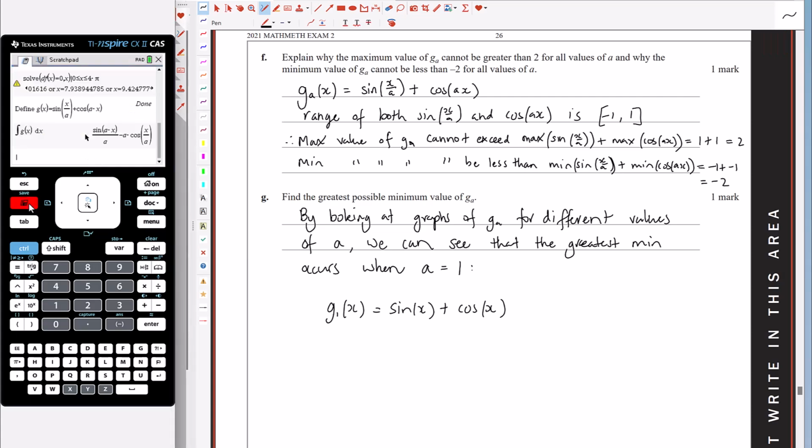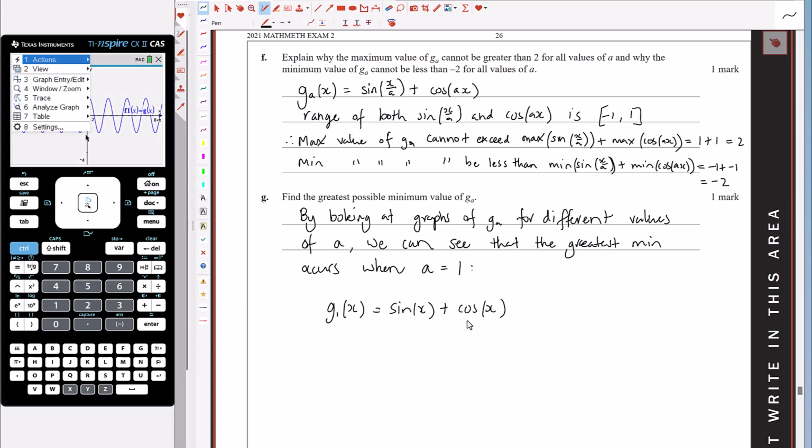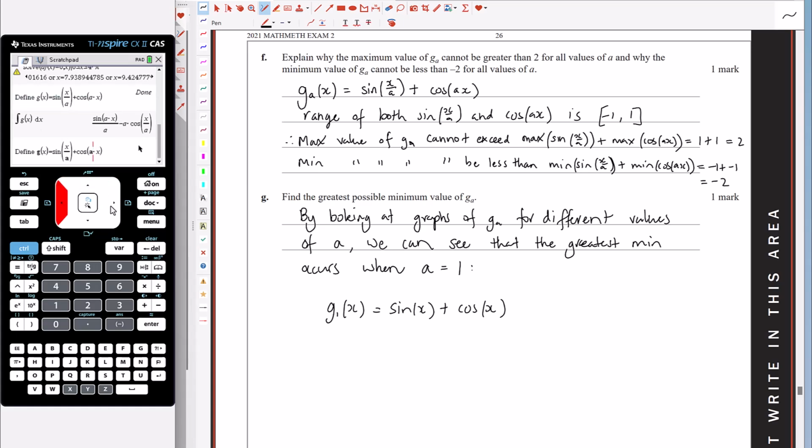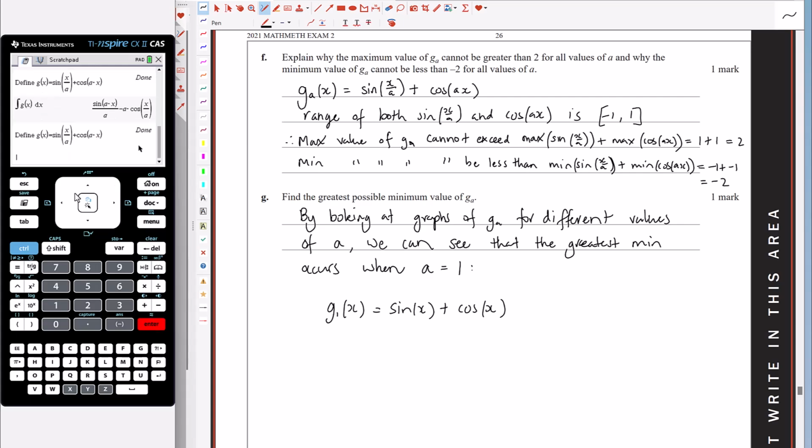Let me go back over here. Each of these separate graphs has a period of 2 pi, so the period of this graph is 2 pi, so we can just look from 0 to 2 pi. Let's redefine g of x as being, actually, we could leave it at that. See how when I clicked on that, A is bold, that's because it's referencing this slider, and I've got A set to 1.